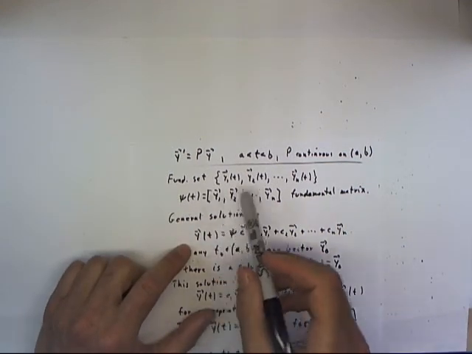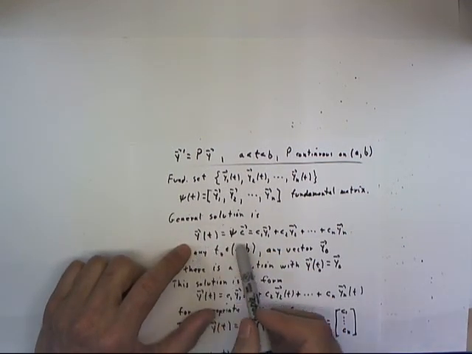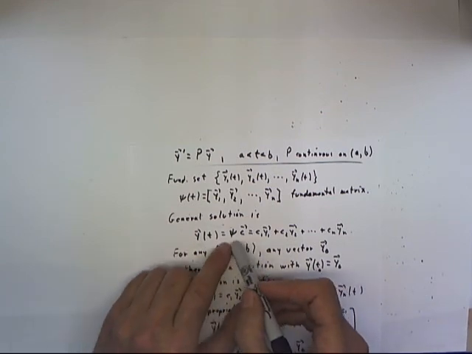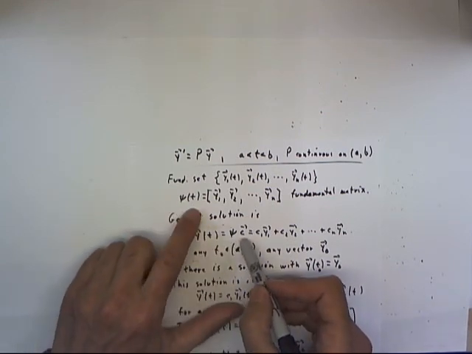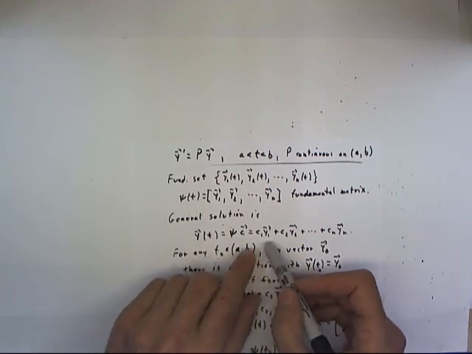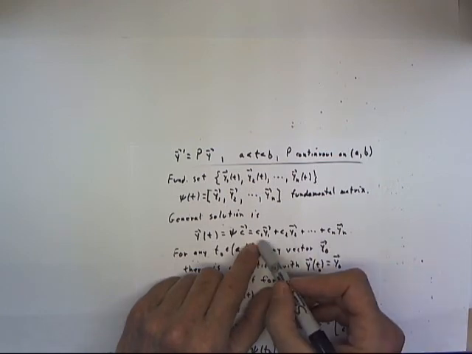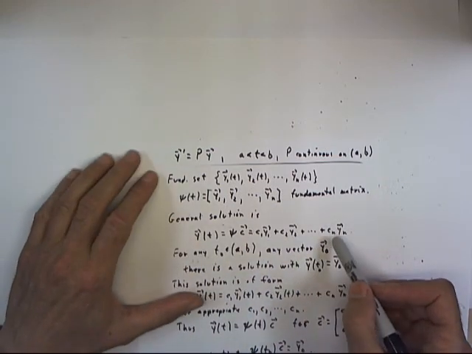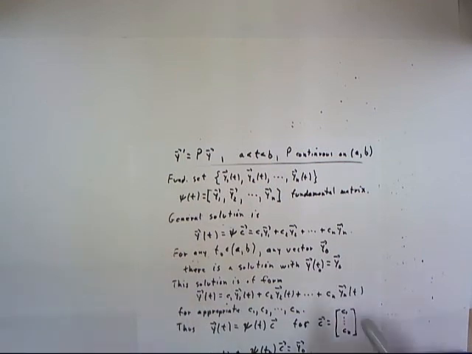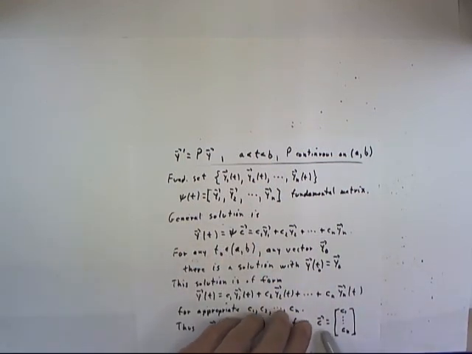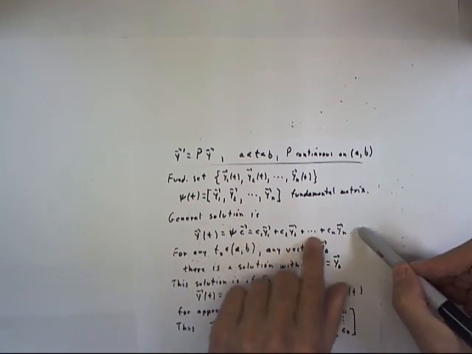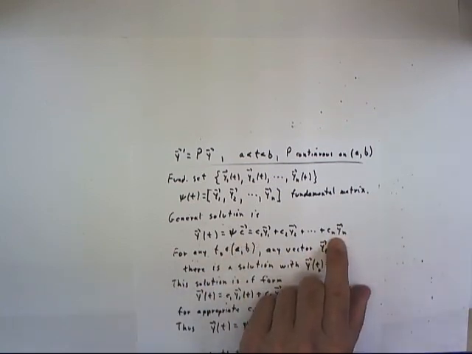The general solution to the equation is y of t, and it can be written as psi times a c vector, and the general form of the solution, as we know, would then be a linear combination of the y1 through yn: c1 y1 plus c2 y2 up through cn yn. Now c is the column vector c1 through cn, and we know that at this point.